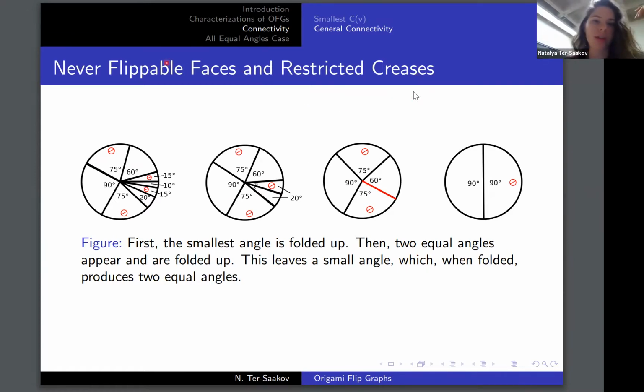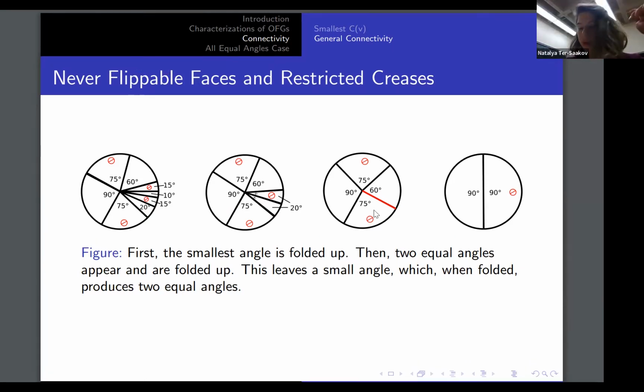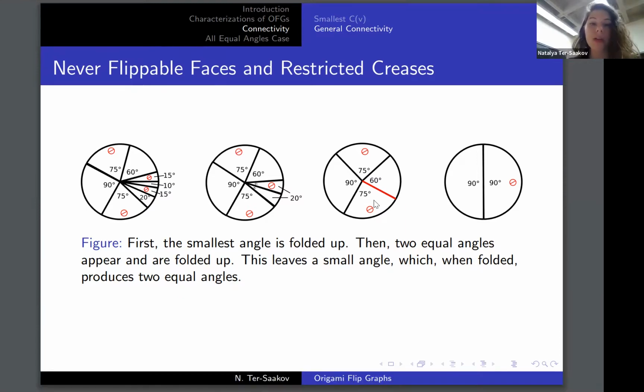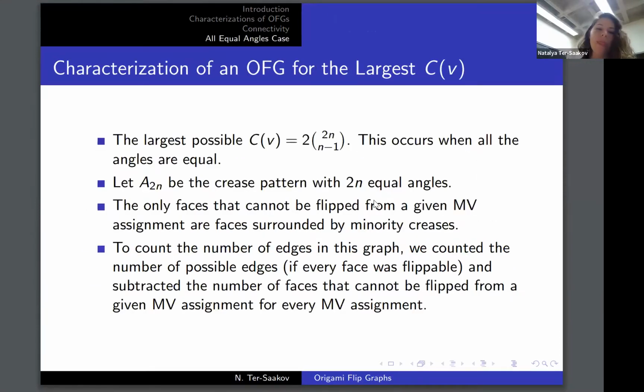So that characterized the connectivity, after which we went to look at the largest case, otherwise known as the all equal angle case. So if we have all equal angles, our only restriction is Maekawa's theorem, that mountains minus valleys is plus or minus 2.